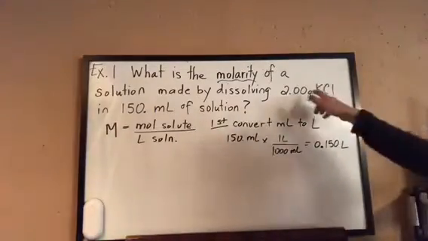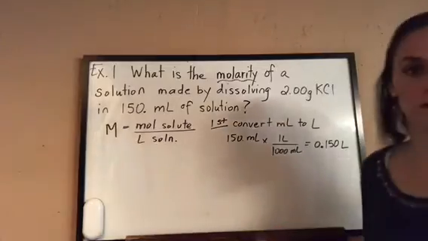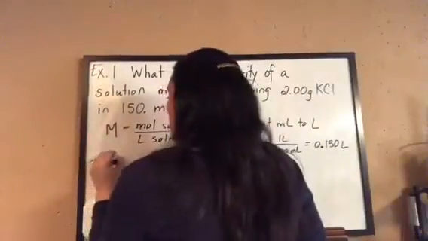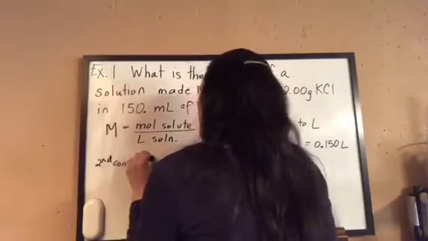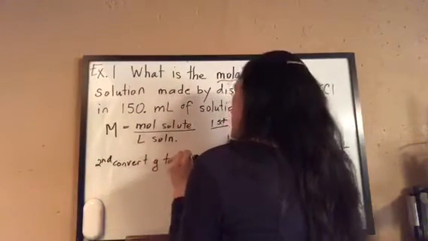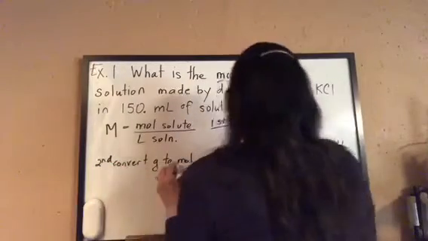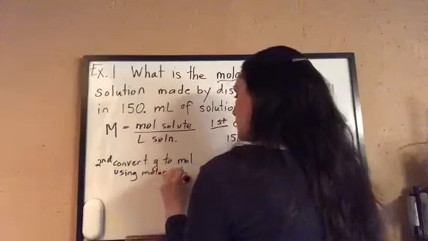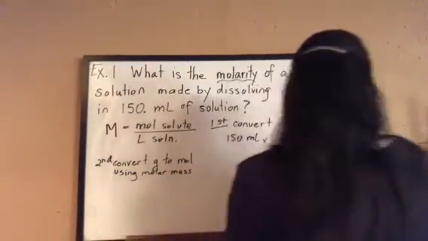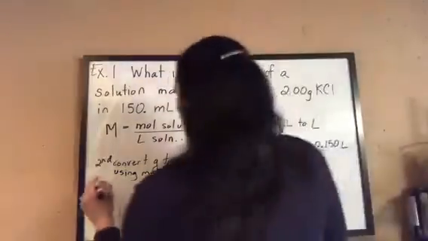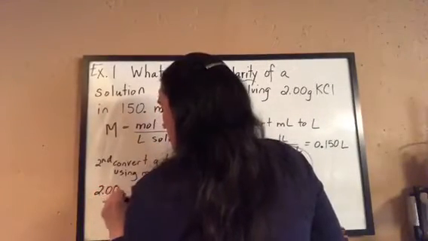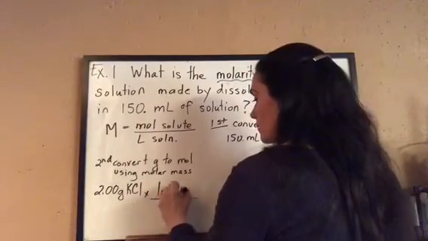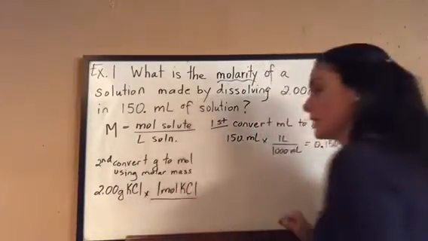Now we need to convert the grams to moles. We use molar mass from chapter 7 to convert from grams to moles. So now we want to convert grams to moles using molar mass. So we have 2 grams of potassium chloride that we want to convert into the equivalent moles of potassium chloride.